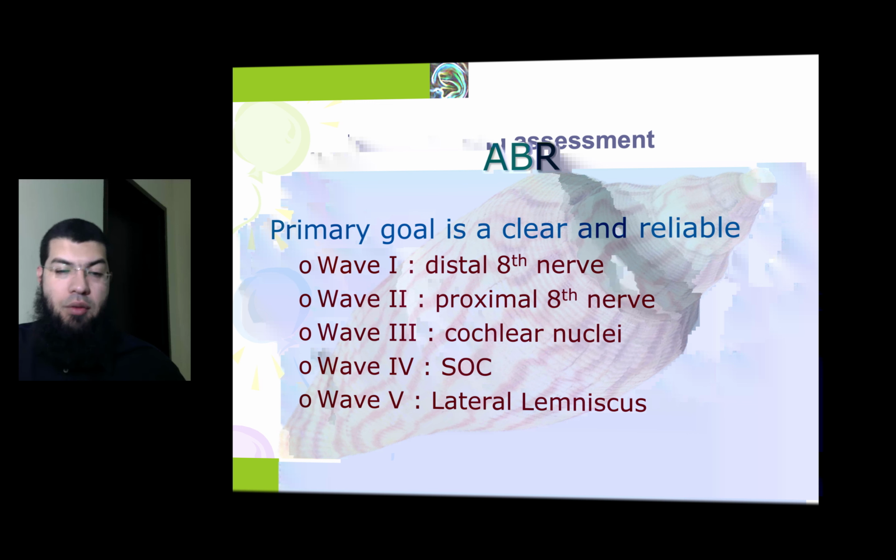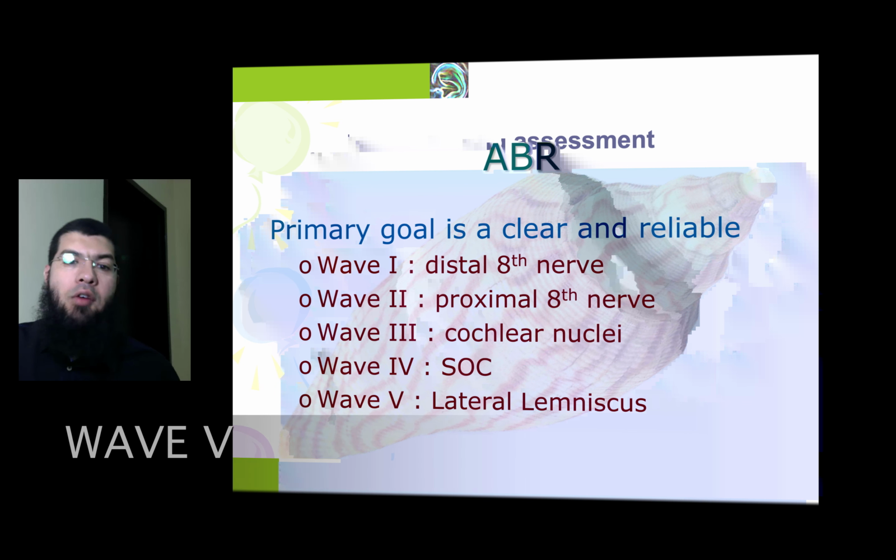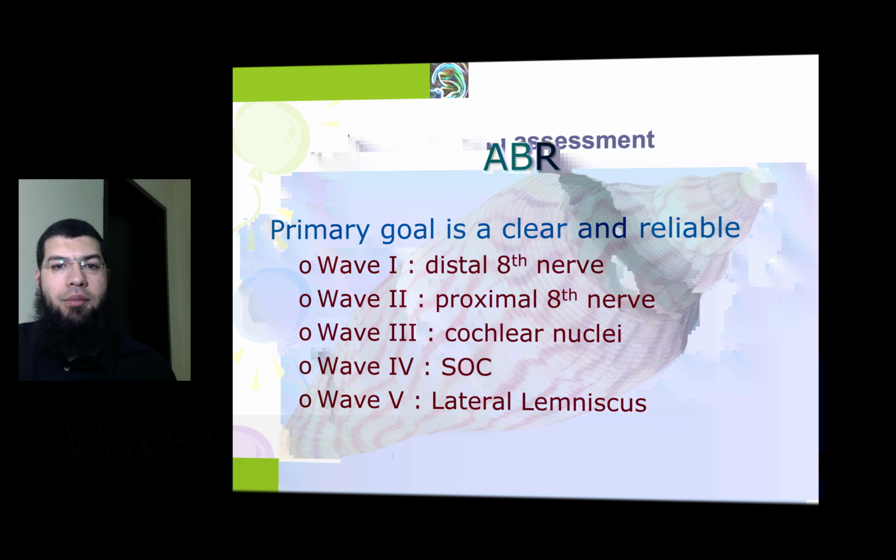Wave 1 is from the distal part of the eighth cranial nerve, wave 2 from the proximal part of the eighth nerve, wave 3 from the cochlear nuclei, wave 4 from the superior olive, and wave 5 from the lateral lemniscus or inferior colliculus.